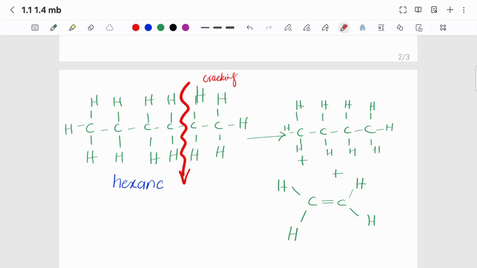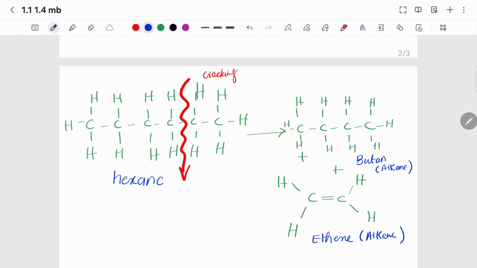So we can say that this hexane has been cracked into butane, an alkane, and ethene, that is an alkene.